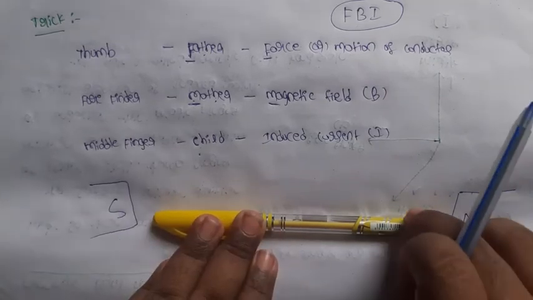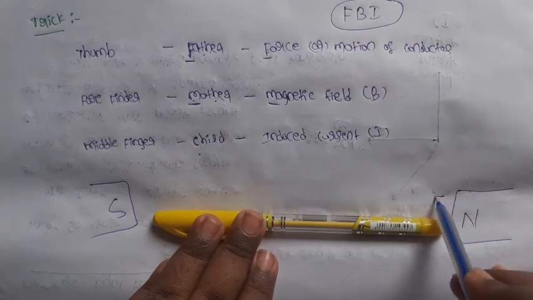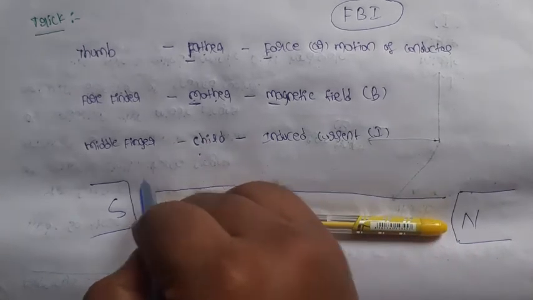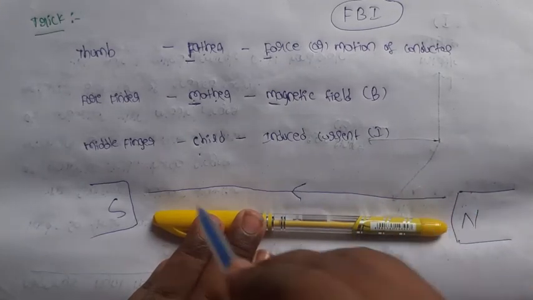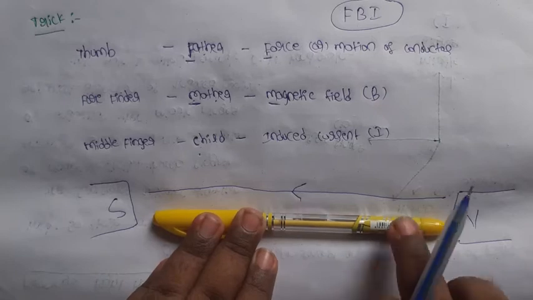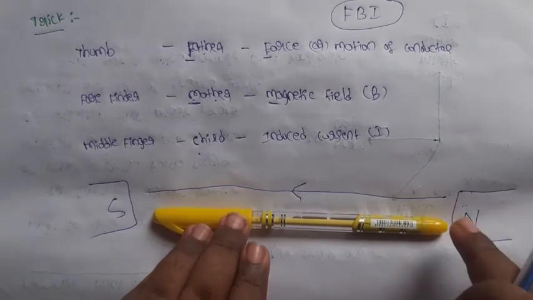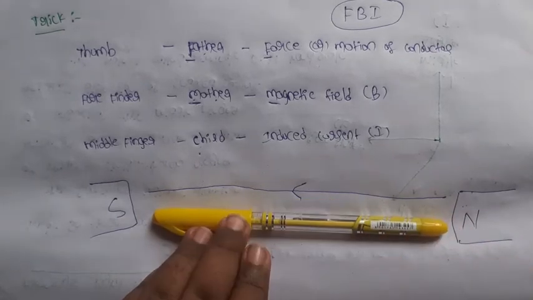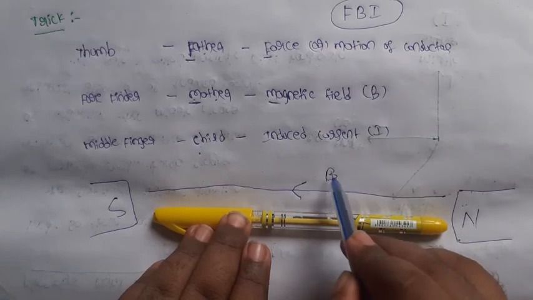Magnetic field lines always travel from north to south, so the field travels in this conductor from this side to this side. This is the direction of the magnetic field.